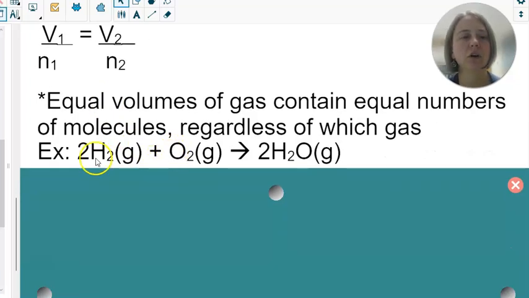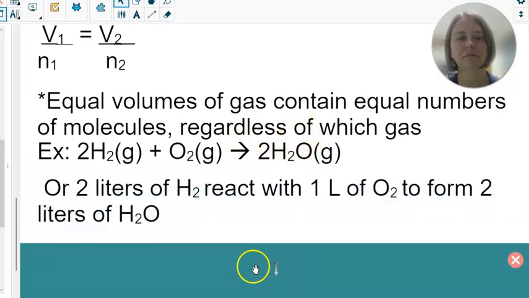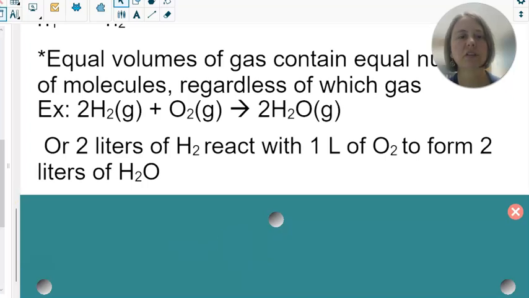gas. So if I have 2 moles of hydrogen and 1 mole of oxygen gas and 2 moles of water vapor, the 2 moles of hydrogen gas are going to take up the same volume as 2 moles of water vapor. So like I said, we've been talking about 2 moles of hydrogen gas reacting with 1 mole of oxygen gas to form 2 moles of water vapor.